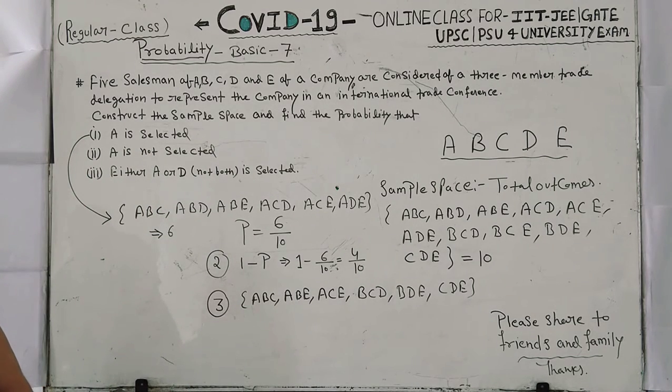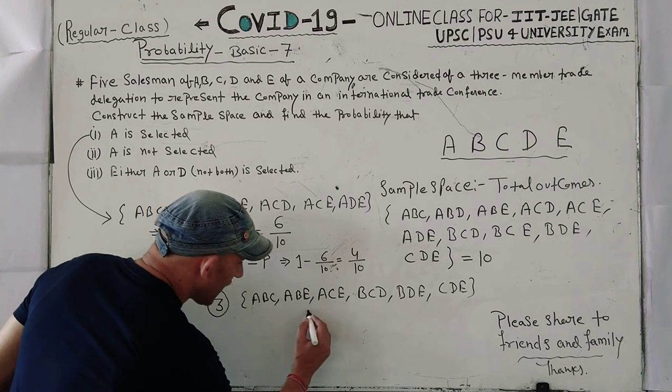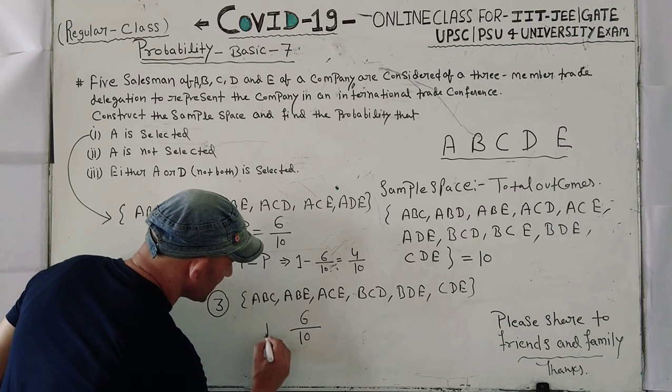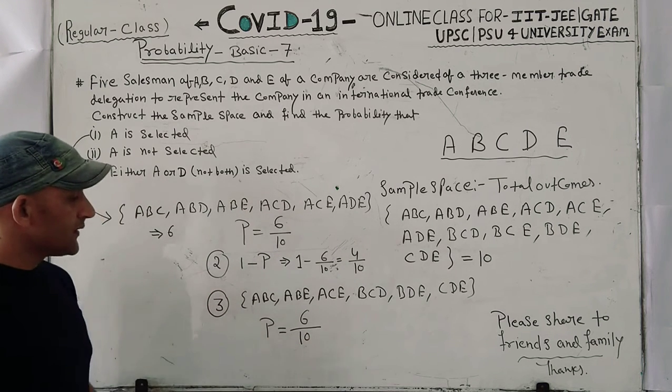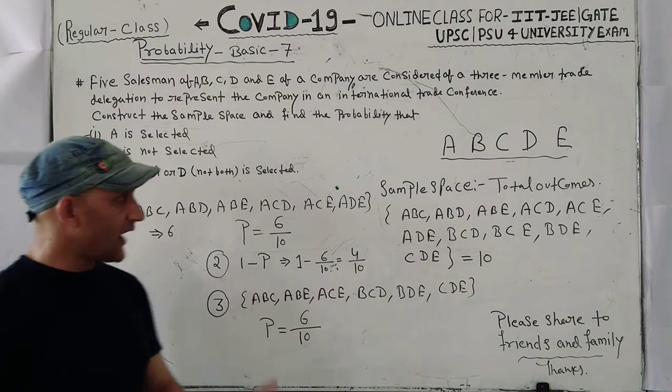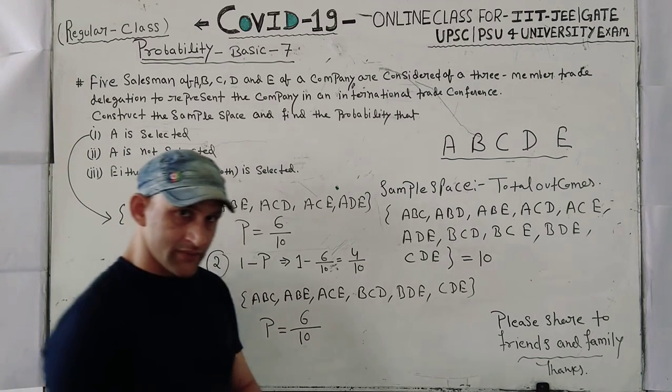The answer is 6 out of 10. That is the probability, where 6 is the favorable cases and 10 is the sample space. I think you understand. Thank you so much.